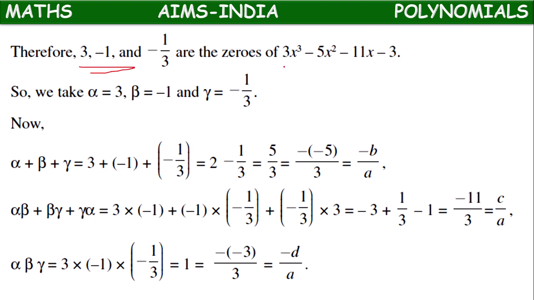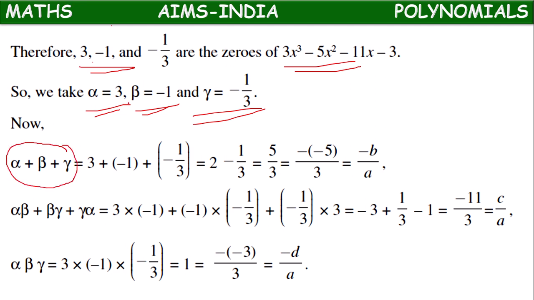So these 3 are zeros of a cubic polynomial. One is alpha, one is beta, another one is gamma. Let's verify the relationship. Alpha plus beta plus gamma equals 3 plus minus 1 plus minus 1 by 3.